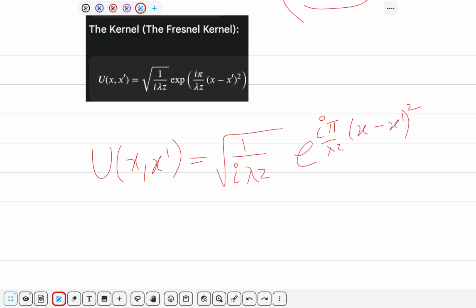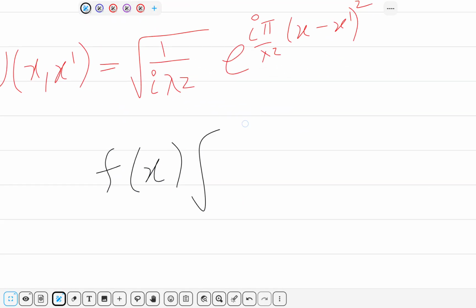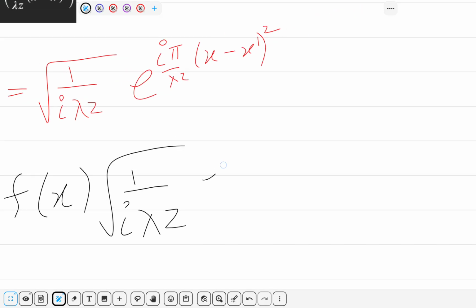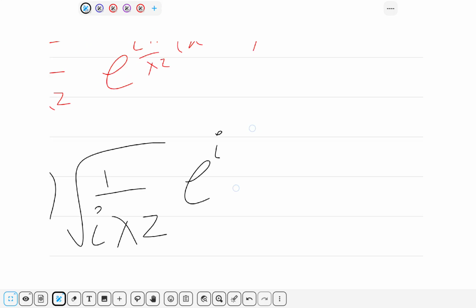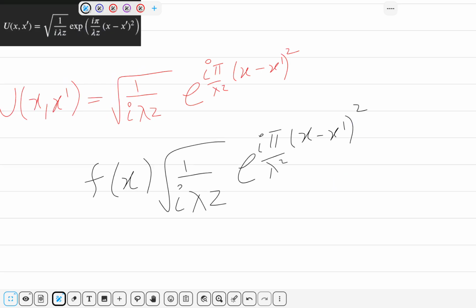So I think I just have to do this: f of x, square root of 1 by i lambda z, e power i pi by lambda z, x minus x prime squared.